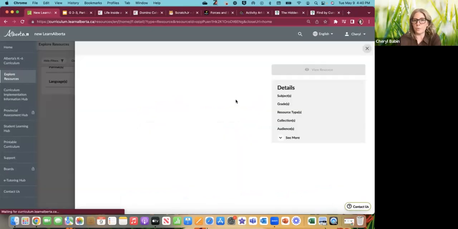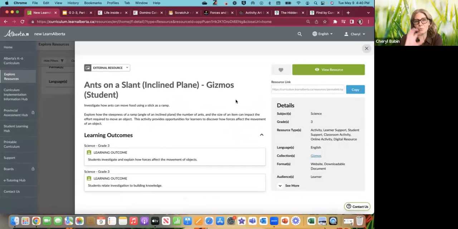Gizmos are really great in the sense that they are also interactive tools. We will be offering sessions directly instructed by Gizmos to give you some tips on how to use them and how to activate them.